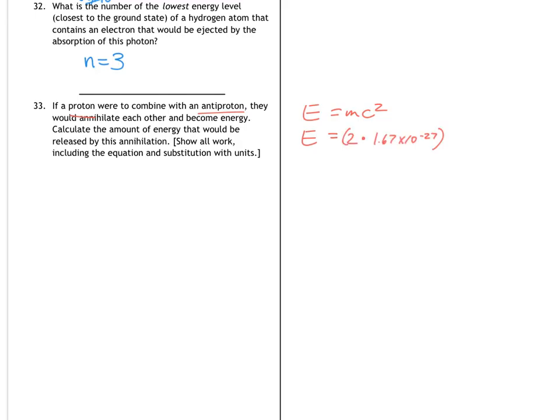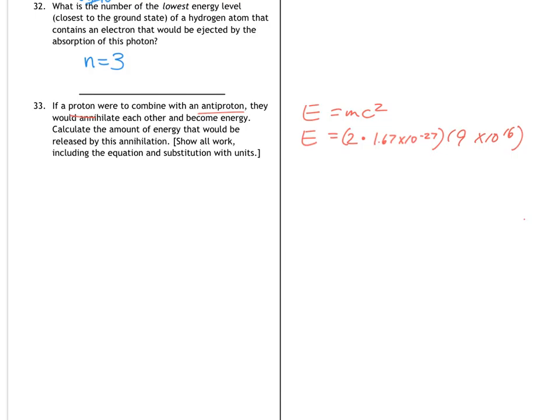So I just wrote 2 times 1.67 by 10 to the negative 27, because this I found as the rest mass of a proton, and I'm going to multiply it by 2, because we have the proton and the antiproton. We also need to multiply it by the speed of light squared, which is 9 by 10 to the 16th. And from here, it's a pretty simple solve.